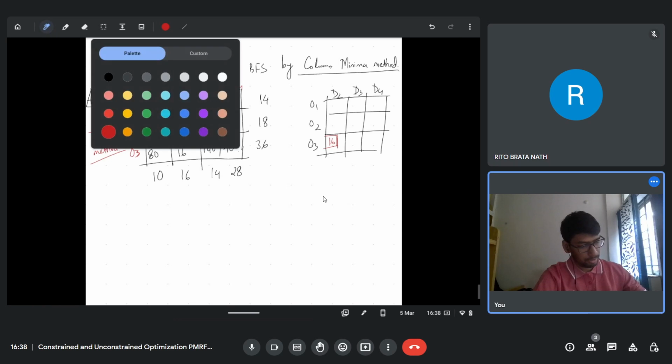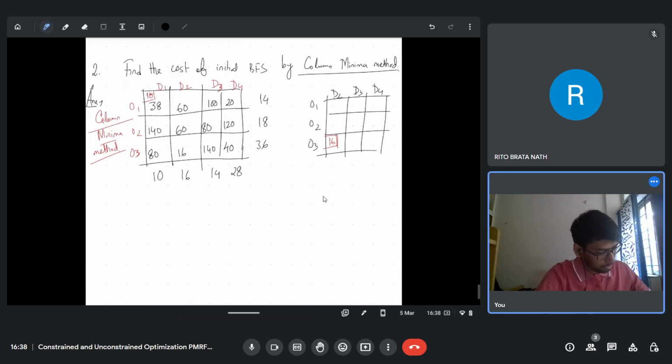Okay, let me write down the cost for the sake of completeness, because there would be confusions later. So initially, this was 16, 14, 28. So here it is 4, 18, and 36. Now we can check this 16 you can allocate, and you can delete that column again.